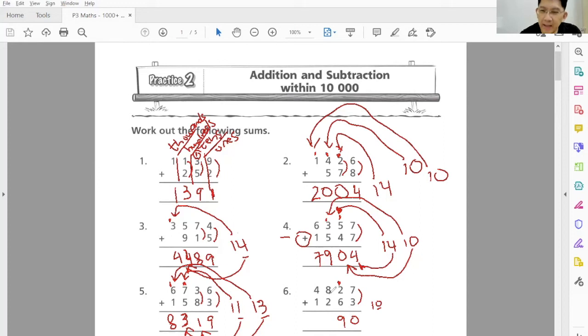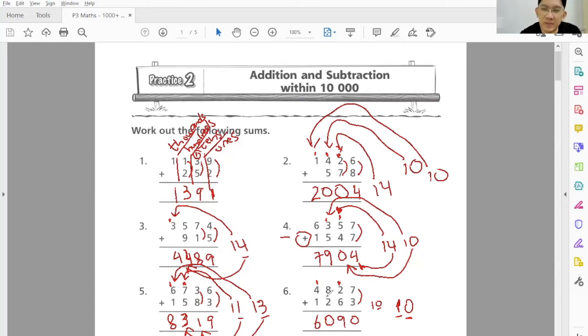Okay, next group, 8 plus 2 is 10. Again, we have another 10. So the back digit always goes down there, and the front digit goes to the next group. So now we're doing this. 4 plus 1 is 5. Plus 1, 5 plus 1 is 6.